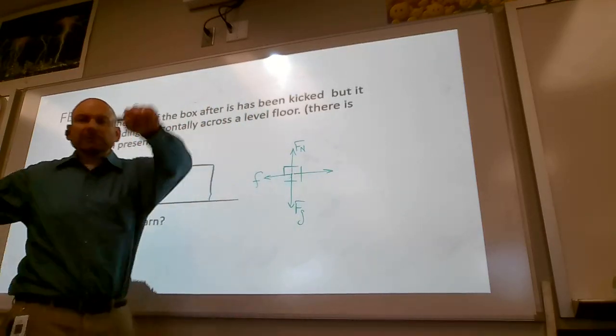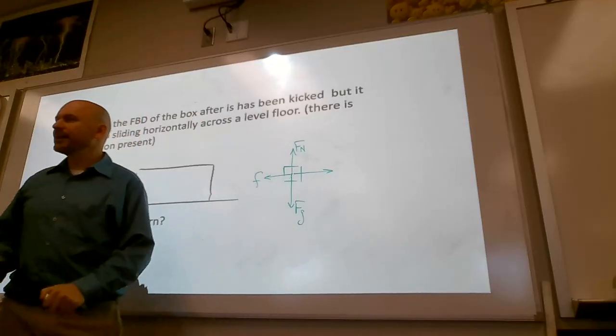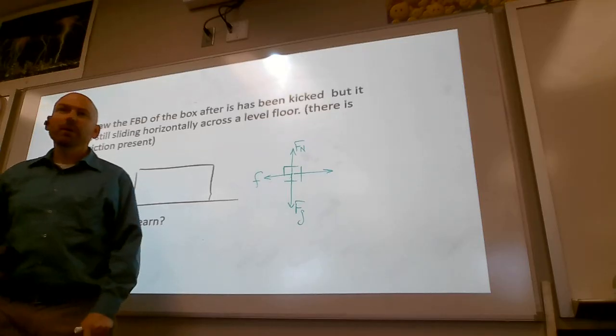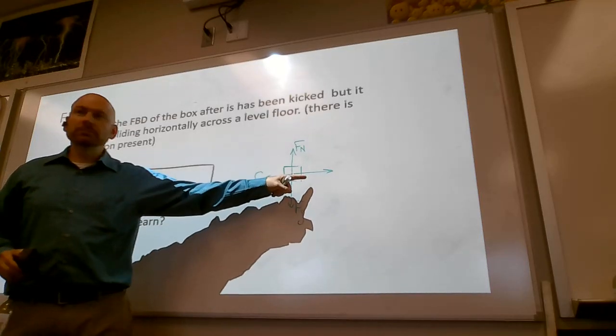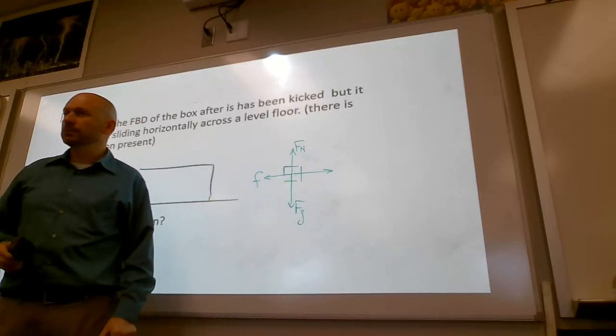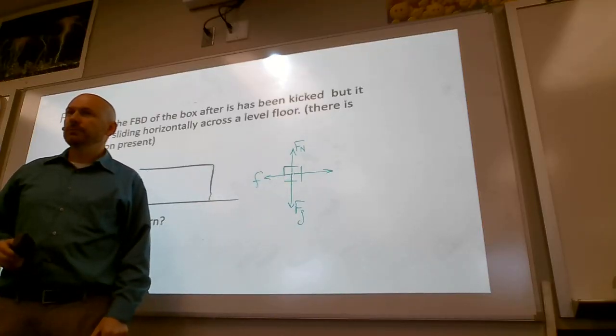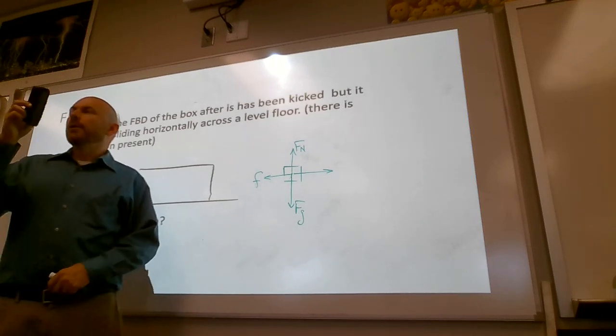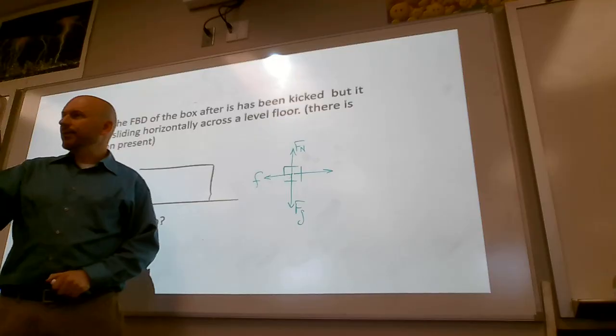And no, I can't like go and like Jedi it. Does that make sense? So, what's causing it to keep sliding to the right? Inertia. Okay. The inertia has velocity.